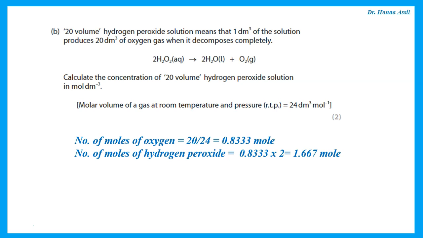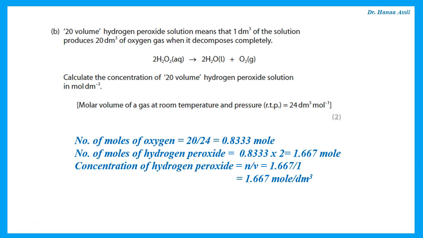That's the number of moles of hydrogen peroxide. I can use that to calculate the concentration, because the concentration is number of moles over volume. And we are told up there that we're dealing with 1 dm³ of the solution. So that means the volume is 1 dm³, and that means this is the number of moles per dm³.